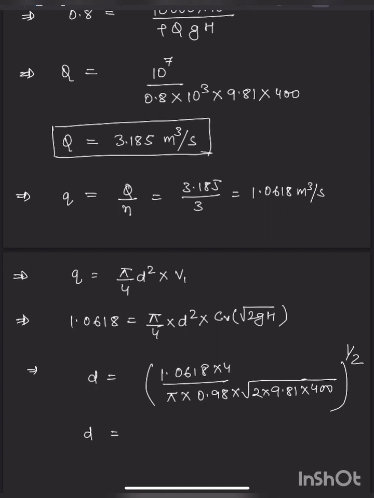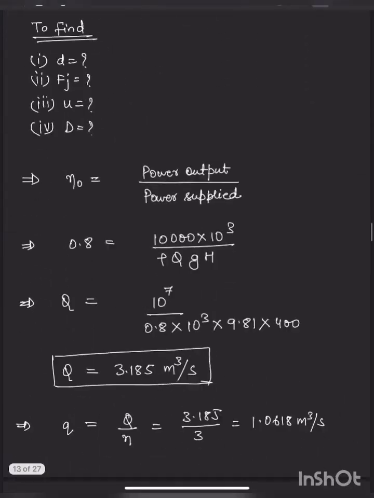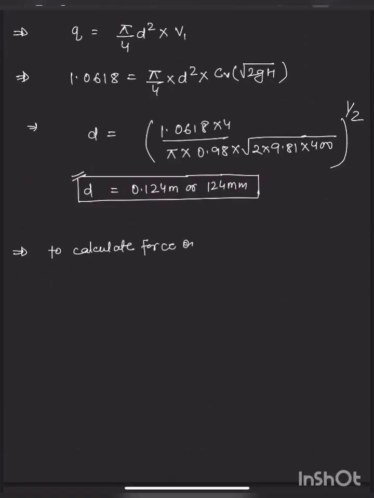So d is equal to 1.0618 into 4 divided by pi into 0.98 into under root 2 into 9.81 into 400. So d is equal to 0.124 meter or 124 mm.